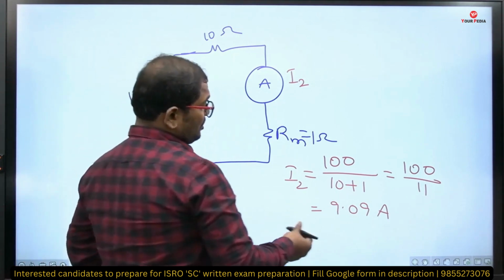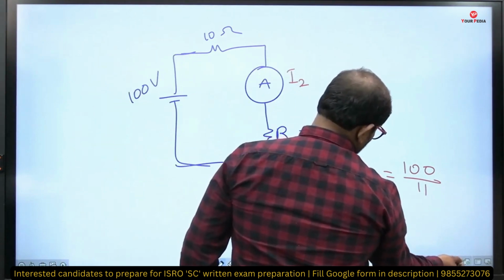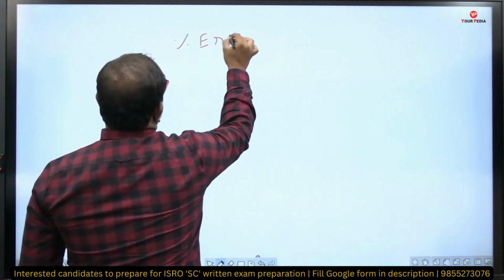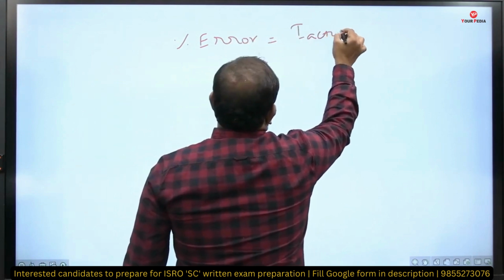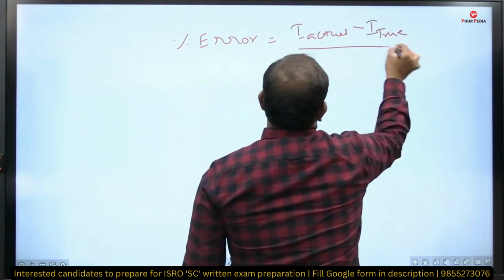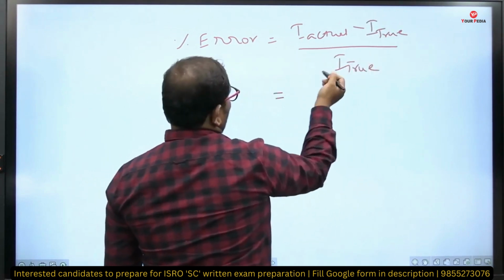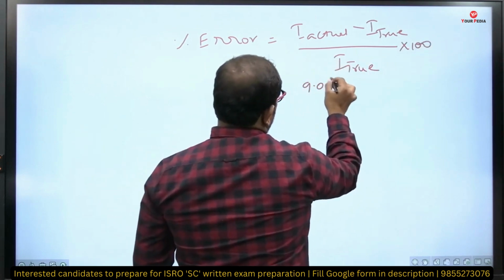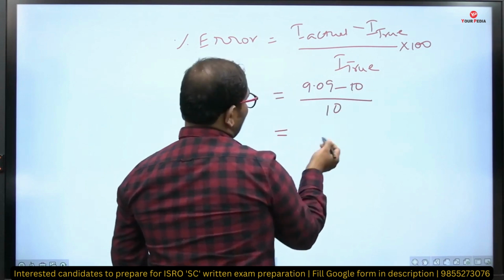What is the next question we need to calculate? The value of percentage error. The percentage error is equal to the actual value of current minus the true value, divided by the true value, multiplied by 100. So here, 9.09 minus 10, divided by 10, what will you get?